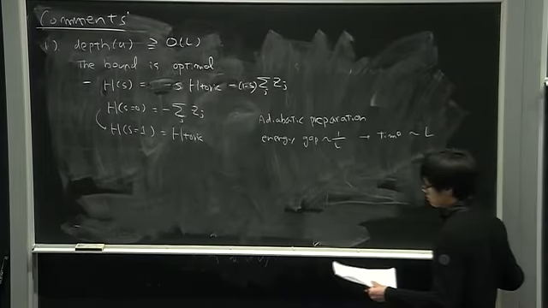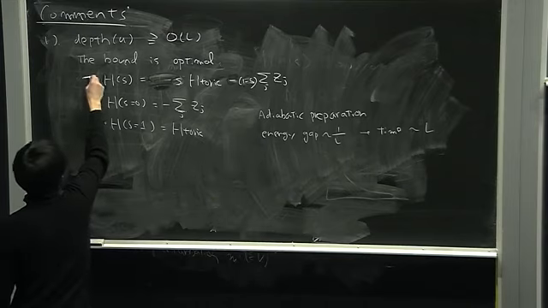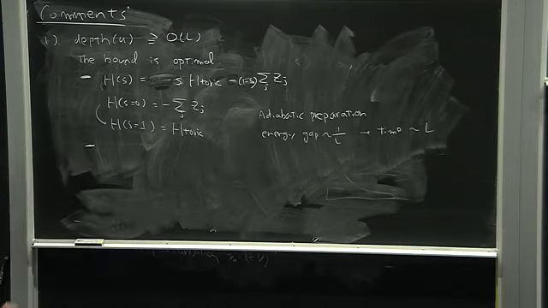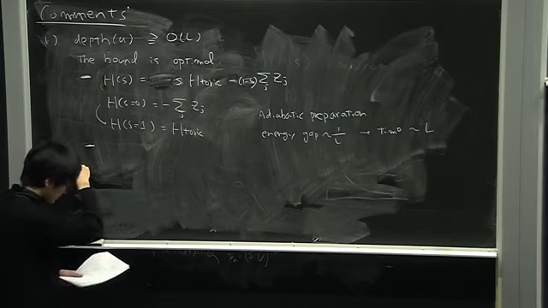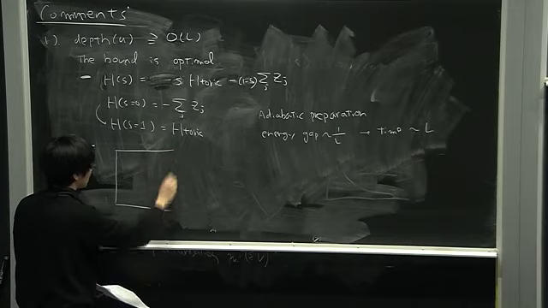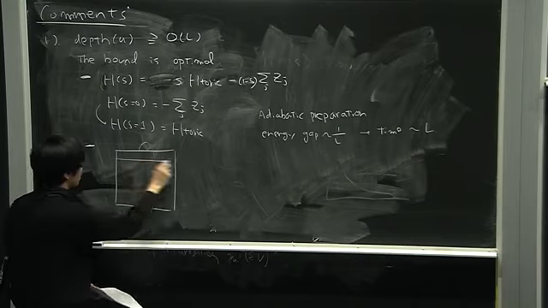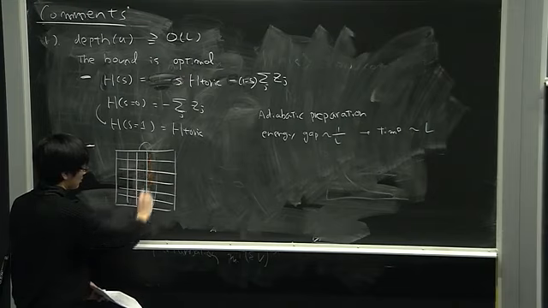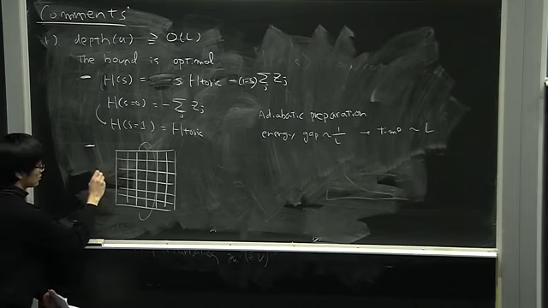And then there is a protocol which I'm aware of, and I'm not going to do it in detail, but the way it works is, suppose that you have a torus. I'm only going to sketch the idea. So let's say this is open.